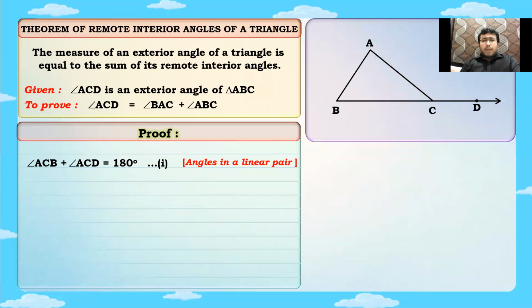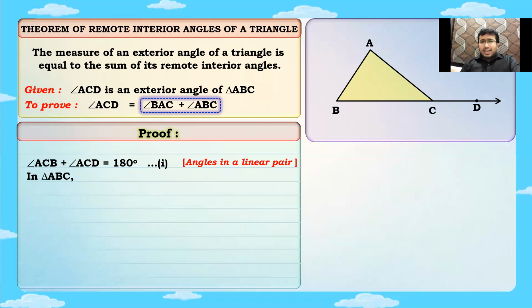Let us try to get more information about our right hand side. Students, in the right hand side, I want angle BAC plus angle ABC. Can I say these are interior angles of a triangle? So students, what property do you know about interior angles of a triangle?